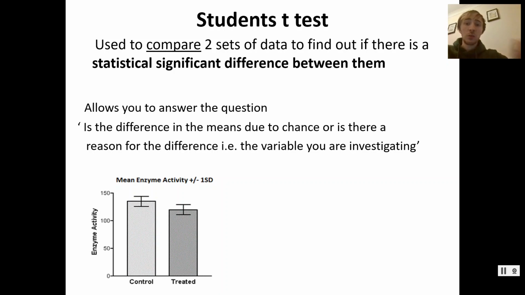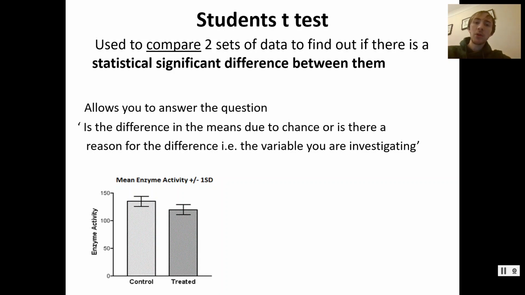Now, the t-test will take the data you provide, will analyse it statistically, and will tell you whether there is a statistically significant difference between the data. So if I put in the heights of those 5 Spanish people and the heights of those 5 British people, it would churn out a number, and that number would tell me, well, probably there isn't really a significant difference between the heights.